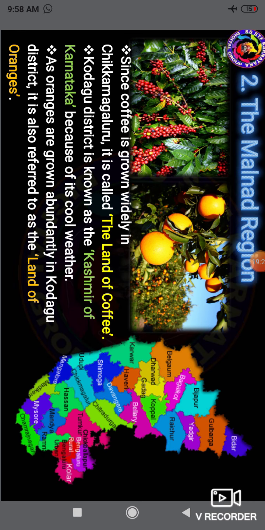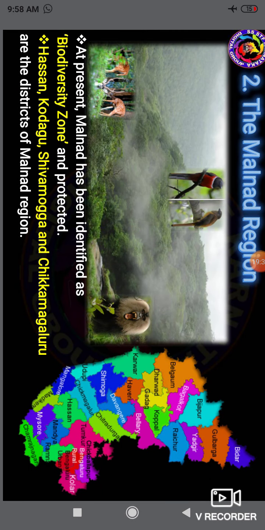At present Malnad has been identified as a biodiversity zone and is protected. It is definitely because of the various forms we see there, the various weathers, the various biological zones.